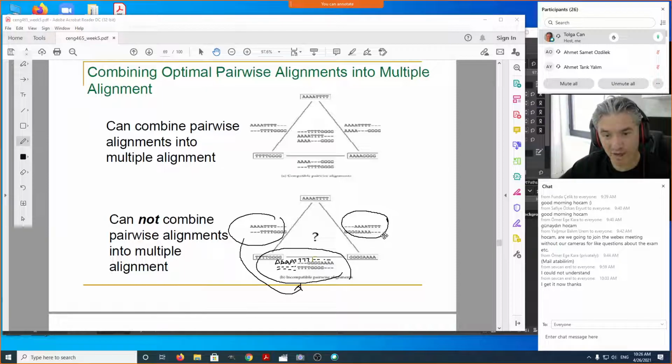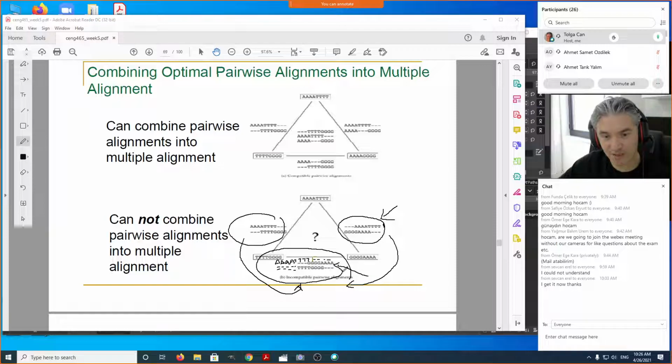There's no way to add this third alignment over to this one, because these two have already been combined into a three-sequence alignment, and here the pairwise alignment you have between these two sequences is not represented.